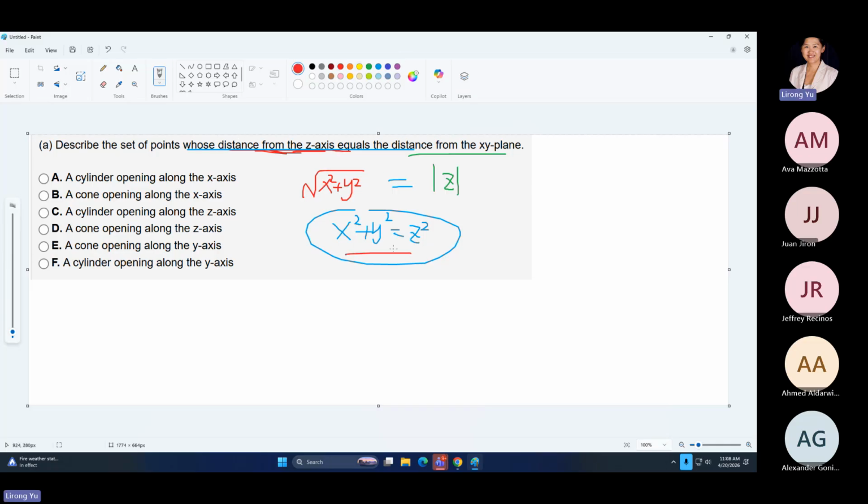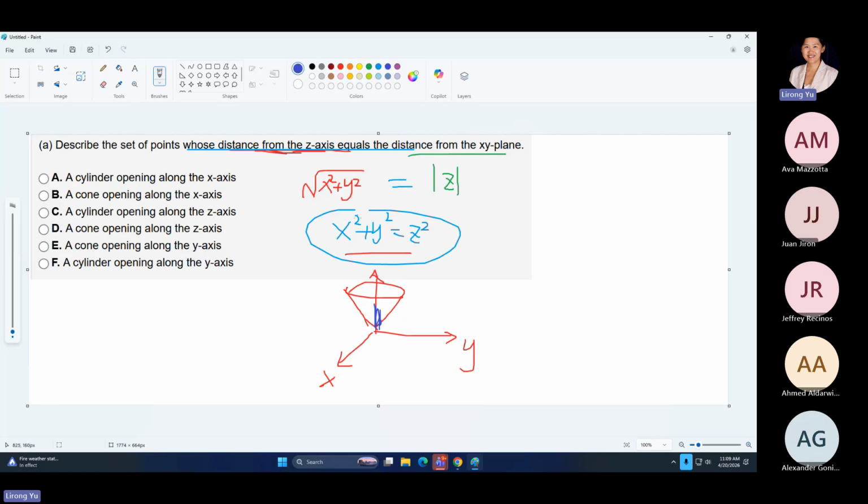This is the equation of a cone, and then we want to look at where it opens. It would look like this: x, y, and that was z. So it's a cone in this direction. You see the distance to the z-axis is this, and the distance to the xy plane is this.